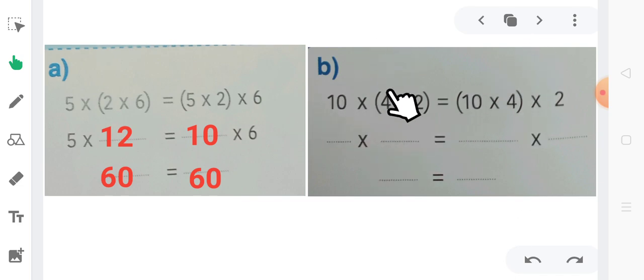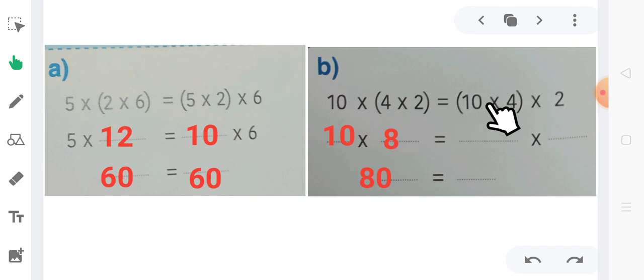Look at this example. The first method and the second method. The first method, I took the last two numbers together. Don't forget what's inside the parentheses. It's 8. What number is left outside? It's 10. Who can answer? Excellent. 10 times 8, it's 80. Okay, 0 on the right, and 8 by 1, it's 8.